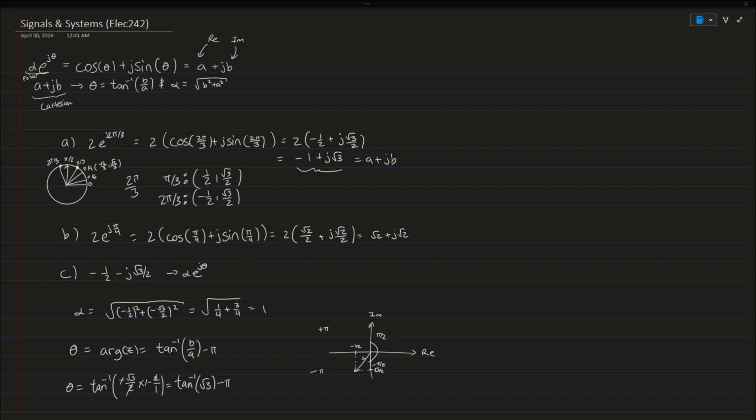So let's put that into the calculator. I think I need to do minus 90 on this. Yeah, there we go. So this gives me minus 30 degrees, which should be negative pi over 6.